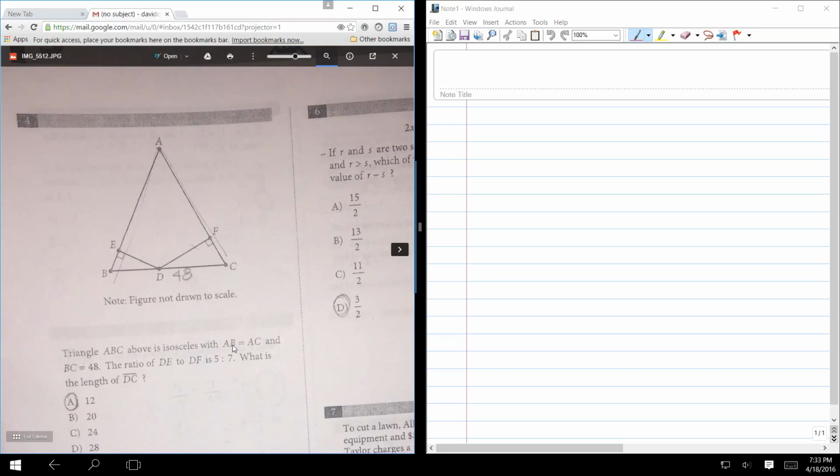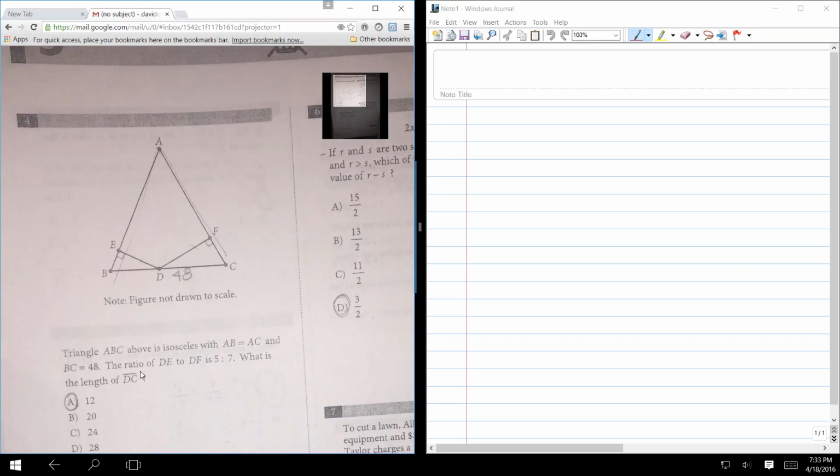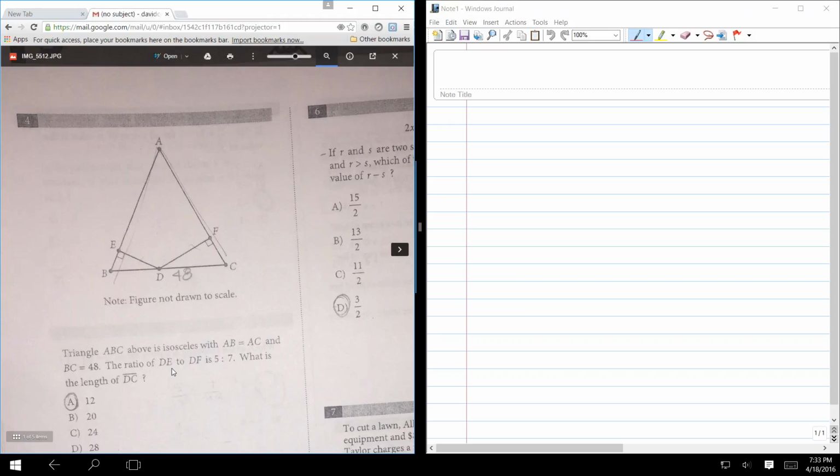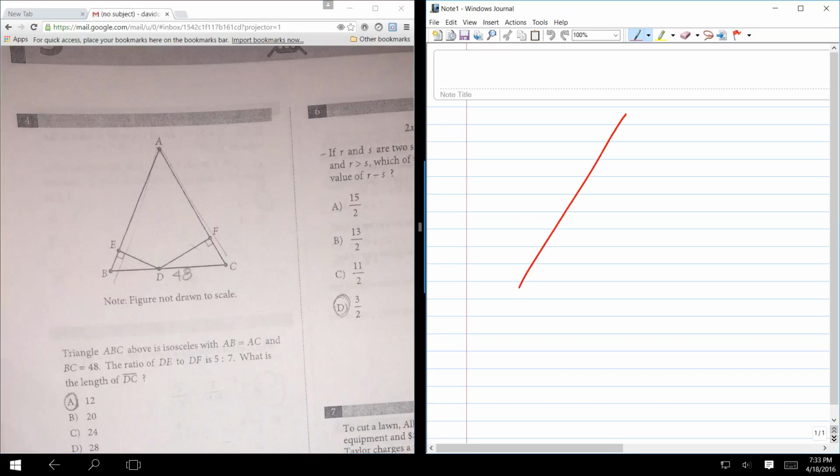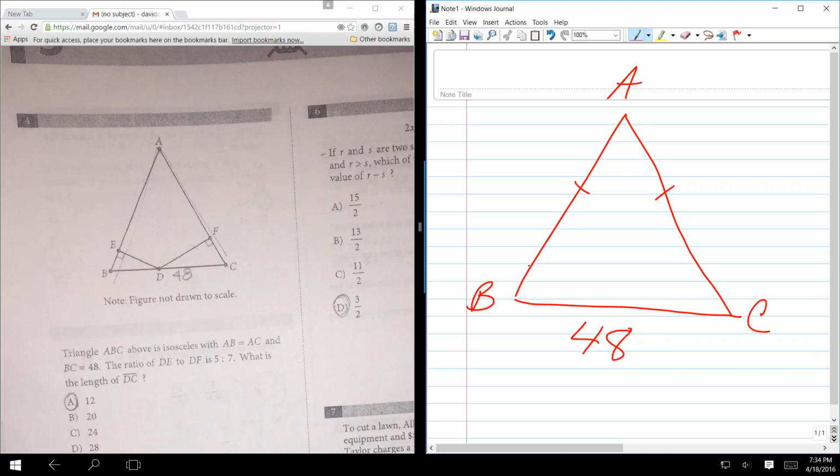Okay, so it's an isosceles triangle, and BC is equal to 48. So that's 48, and that's the same as that. Then we have 2 right triangles that are formed by that.